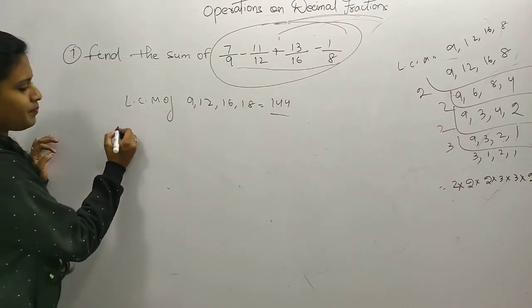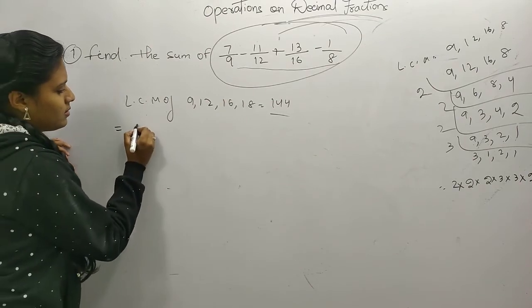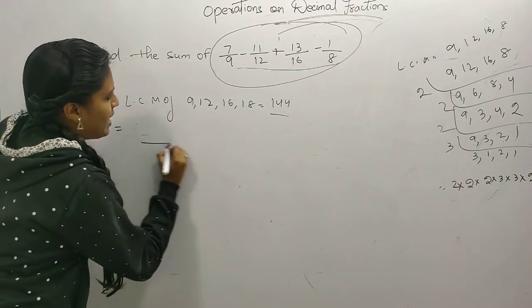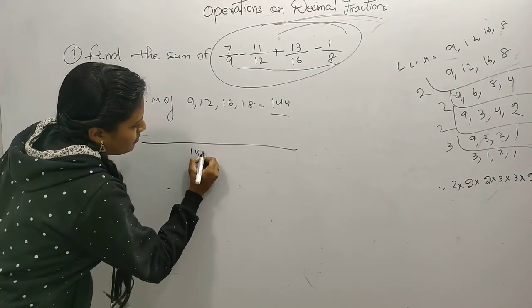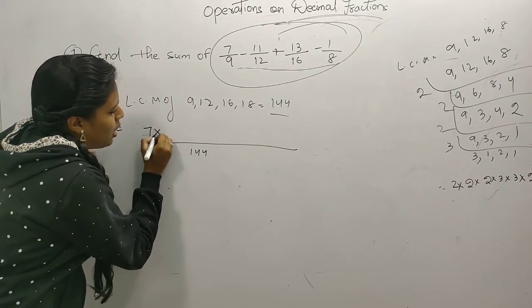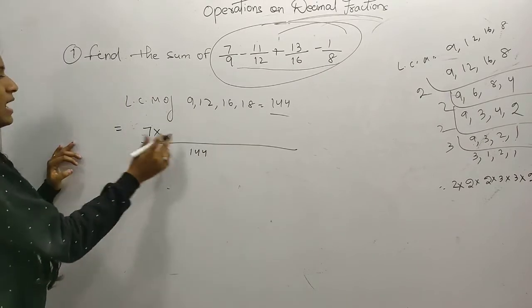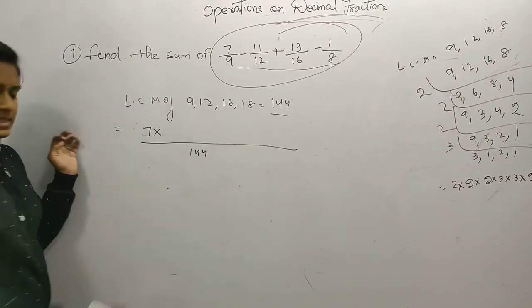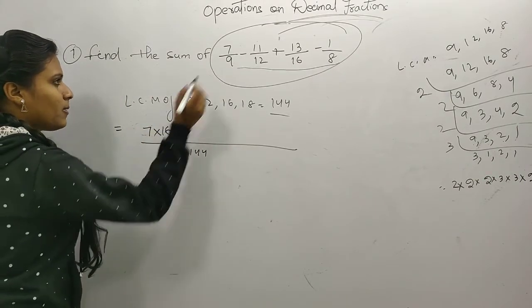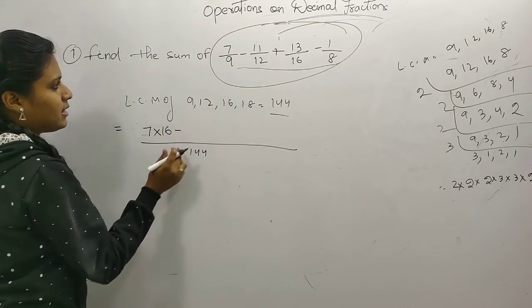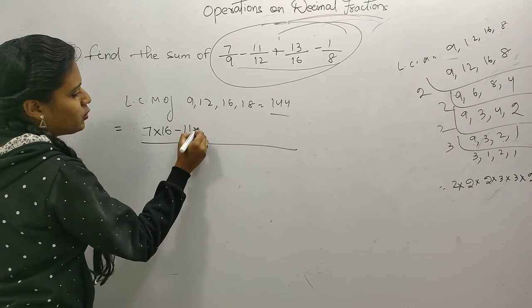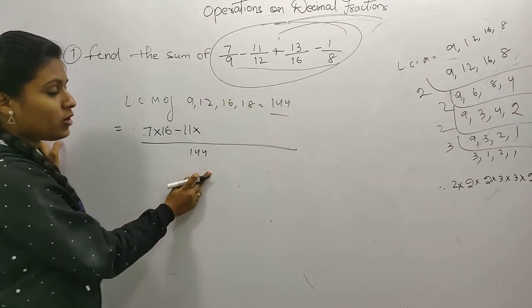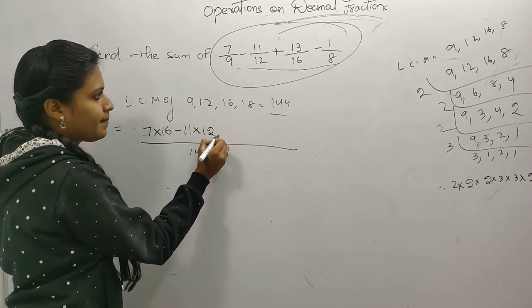Now we have to solve by keeping these values in this. Let's solve. Over 144. 7 into how much makes 144? 9 16s are 144. The minus stays minus here. 11 into 12, how much makes 144? 12 12s are 144.